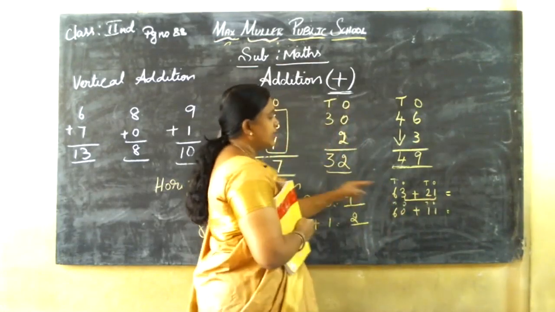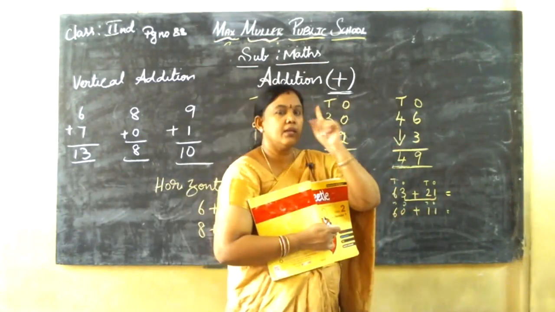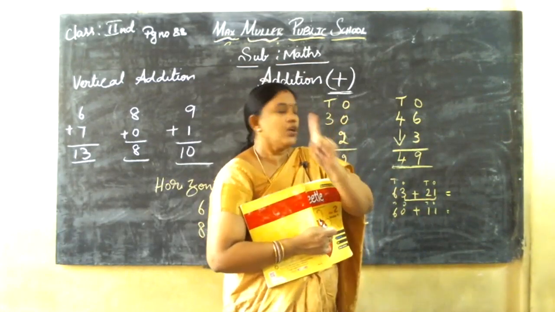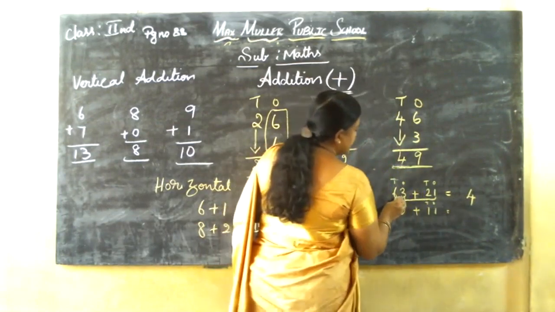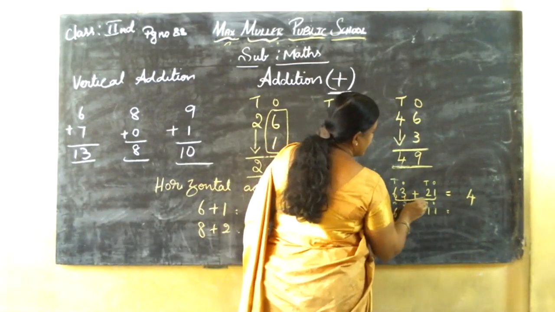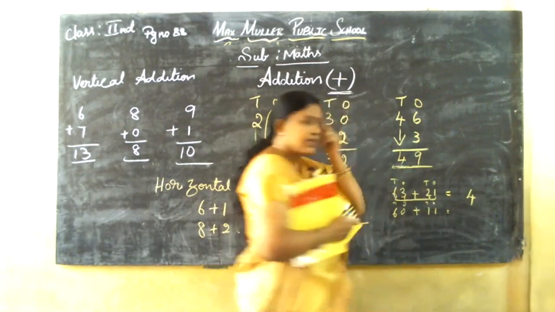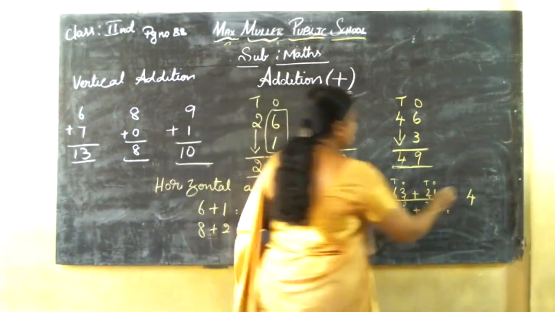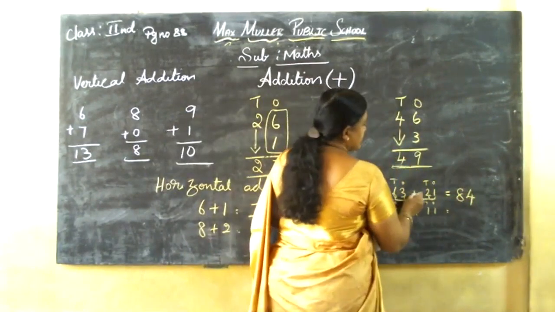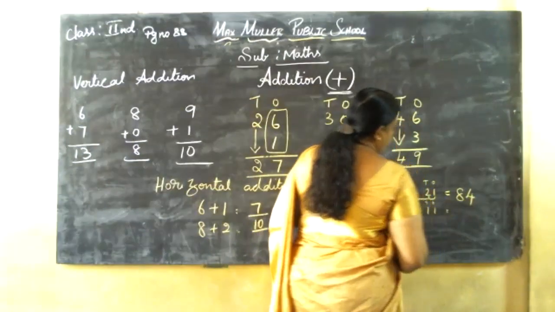Which is the bigger number? 3. Keep 3 in the mind, 1 on the finger. After 3, 4. After that you will go to the tens numbers. 6, 2. 6 in the mind, 2 on the finger. After 6, 7, 8. So 63 plus 21 is equal to 84.